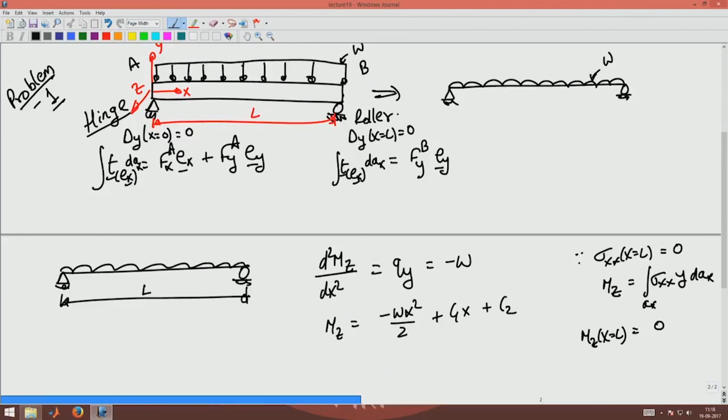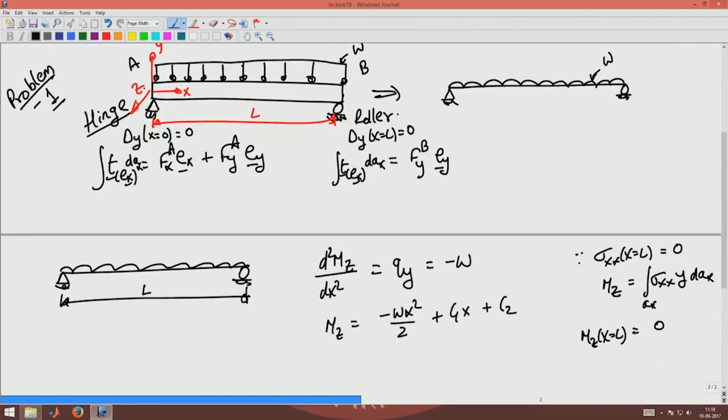Now, let us look at this end, the hinged end, there is no horizontal force applied throughout in the problem. So, Fx has to be 0 and there is no continuity of the member at the A end again. Since there is no continuity, there is nothing to support an axial stress sigma xx.